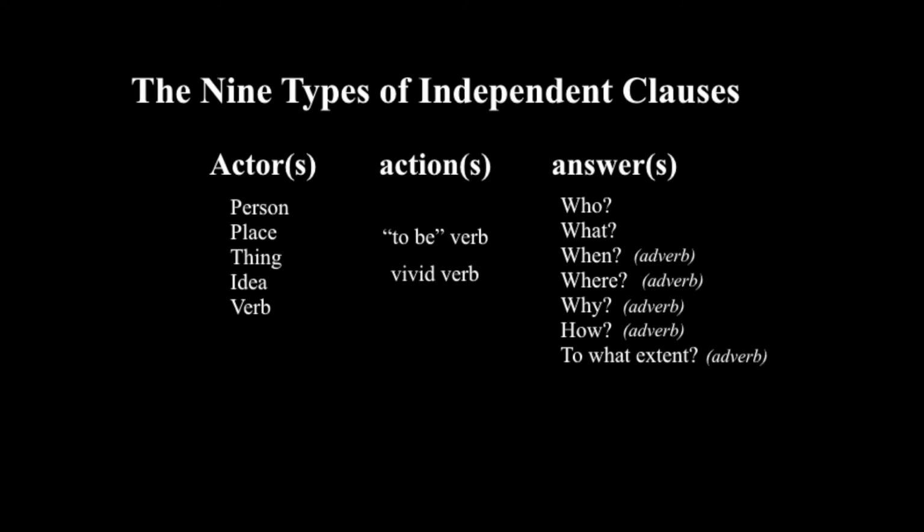And just a quick little note, when, where, why, how, and to what extent, those are all adverbs. So if you're ever having trouble figuring out what an adverb is, if you're answering one of those questions, you're probably playing around with an adverb. Now, always, whenever you're making a simple sentence, whenever you're making an independent clause, don't forget A, actor, action, answer.